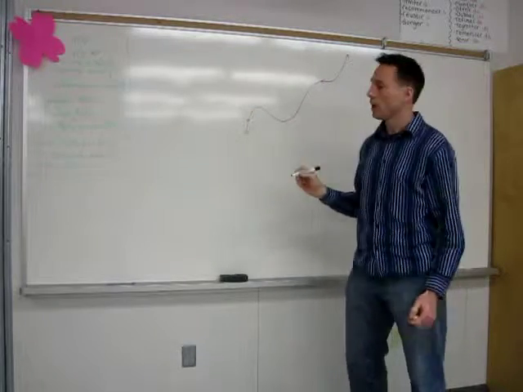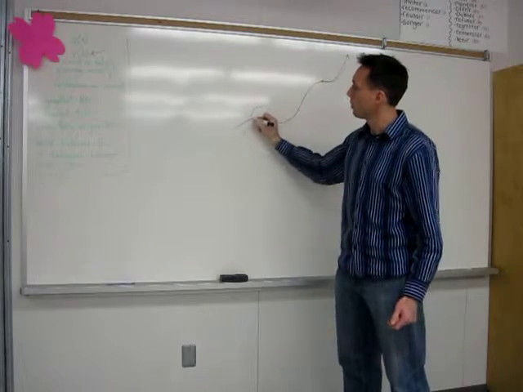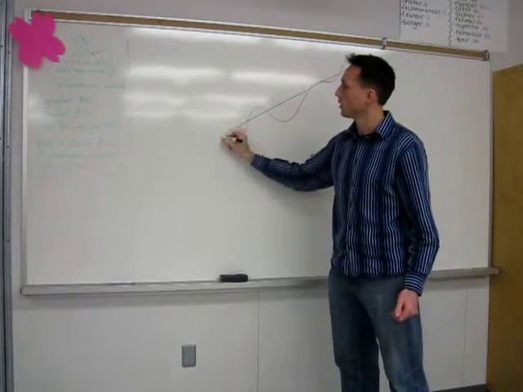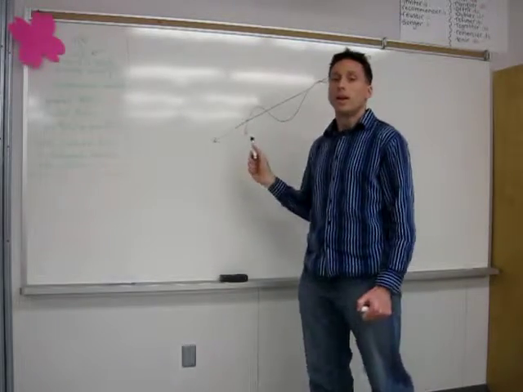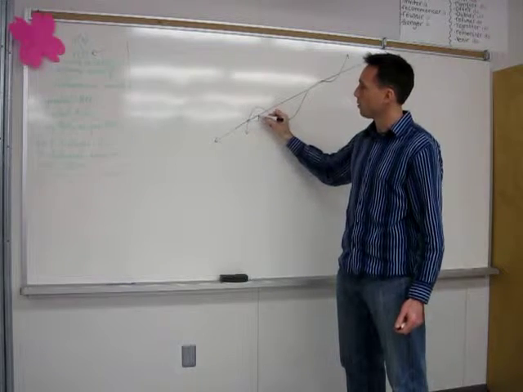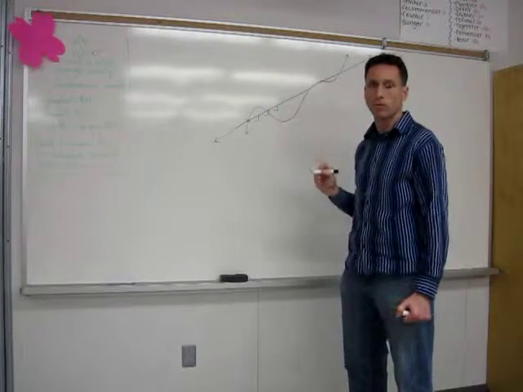The average rate of change from here to here is equivalent to the slope of this secant line. That is basically saying how high am I going for every single one that I go over? How far up am I going for every one?